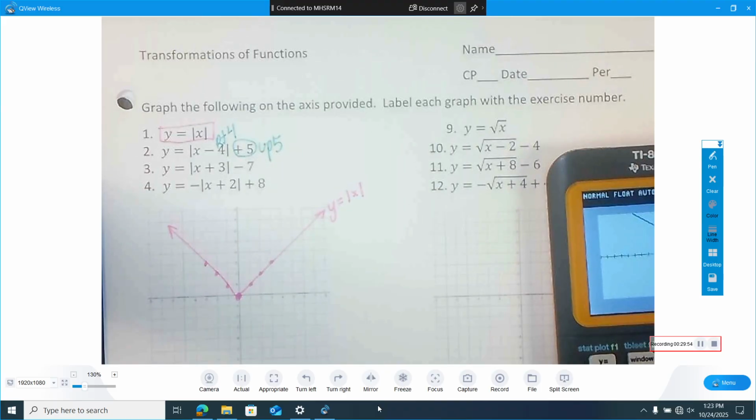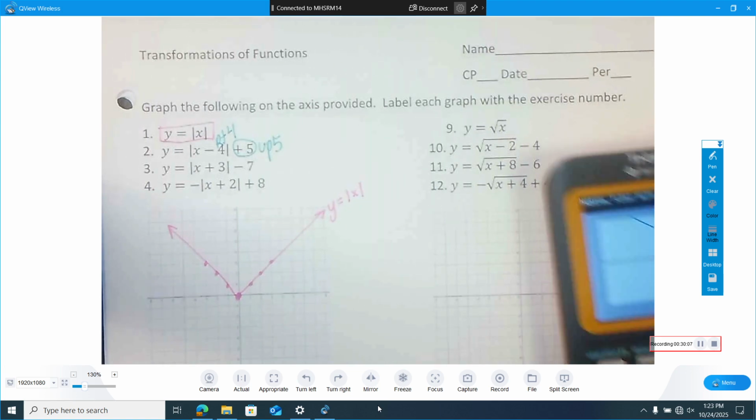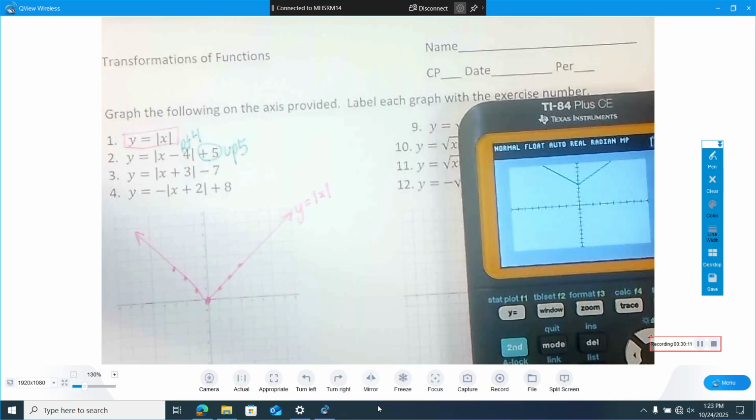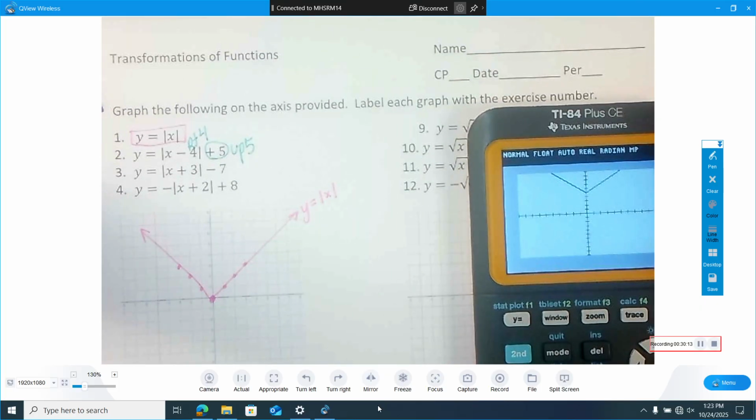Because when you see x minus 4, what do you instantly think it's going to do? You think it's going to go left because it's negative. It's not because it's in an absolute value bracket, though, because it does the same thing even if it isn't. It moves the same way. So what's really going on here is the graph, the absolute value.